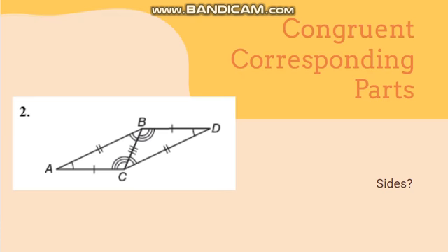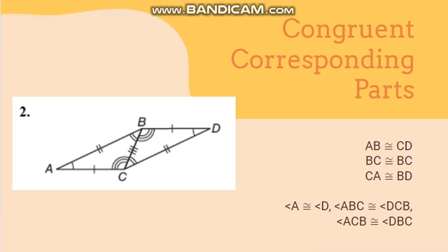Okay, so for our second one, we've got our sides: AB and CD are congruent. BC, they share this side, so it's congruent to itself. And AC, or CA, and BD are congruent. And then our angles: A and D are congruent.